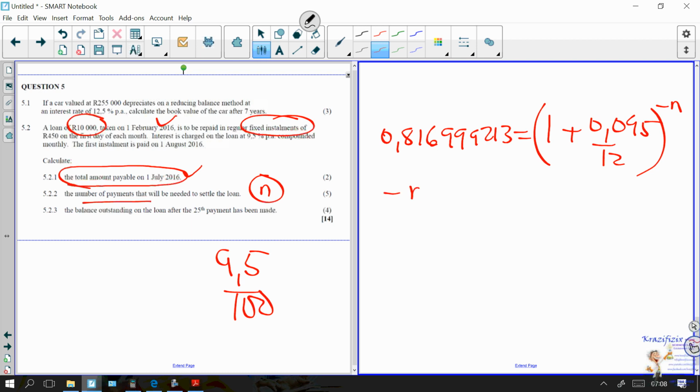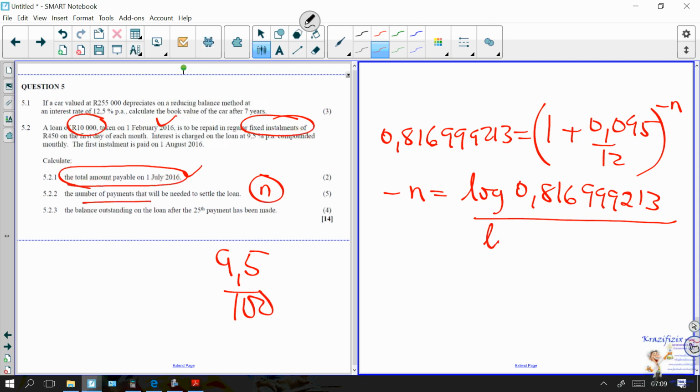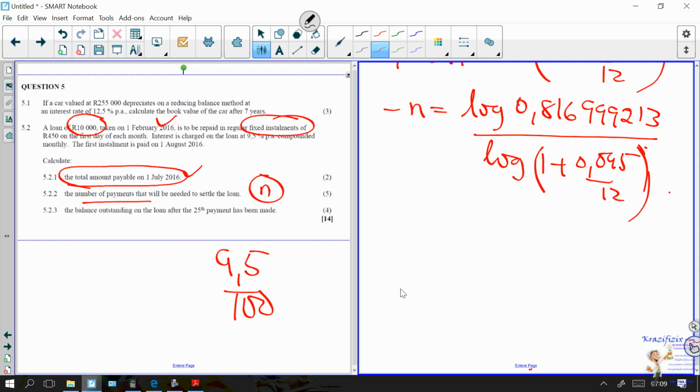What you can now do is say negative n is equal to log 0.816999213 over log 1 plus 0.095 over 12, because you have taken base 10 of both sides. You'll get the same answer as we got. You can try that and work that out. I don't know which one you prefer, but you may prefer one of them.